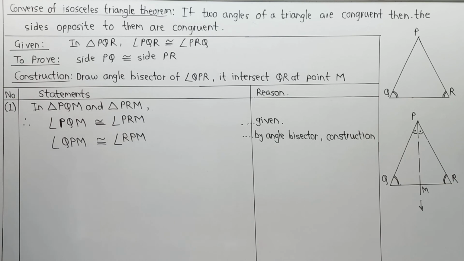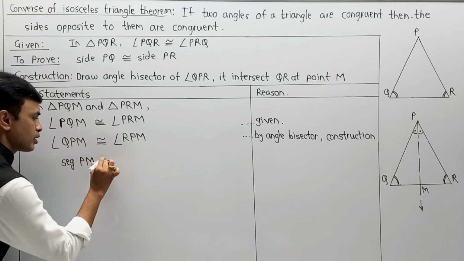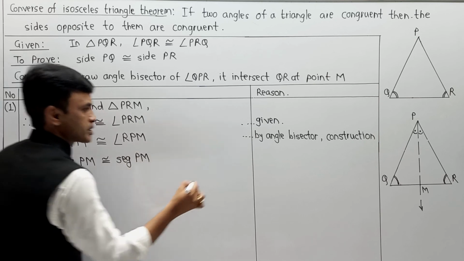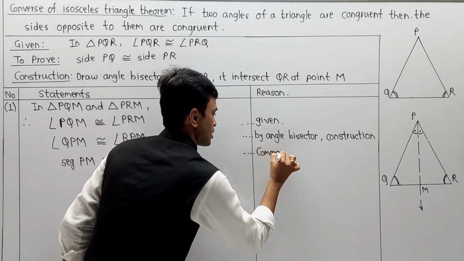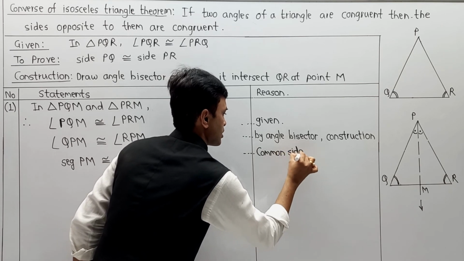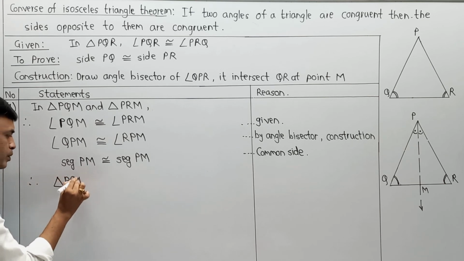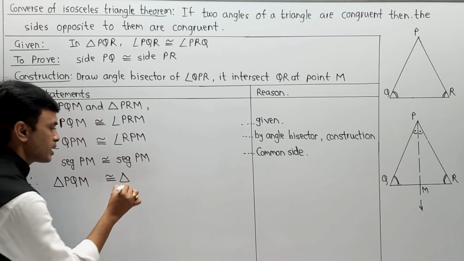Third, segment PM is congruent to segment PM. You can say common side or same side. Therefore, triangle PQM is congruent to triangle PRM.